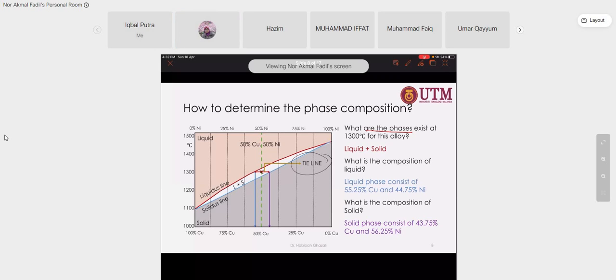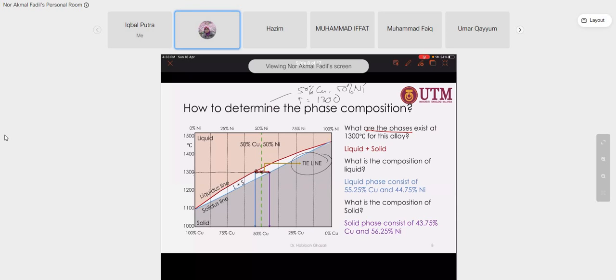The question asks you to do this analysis for this alloy, 50% copper and 50% nickel, at a temperature equal to 1300. So you draw a tie line at 1300. Now we want to know the composition of liquid.